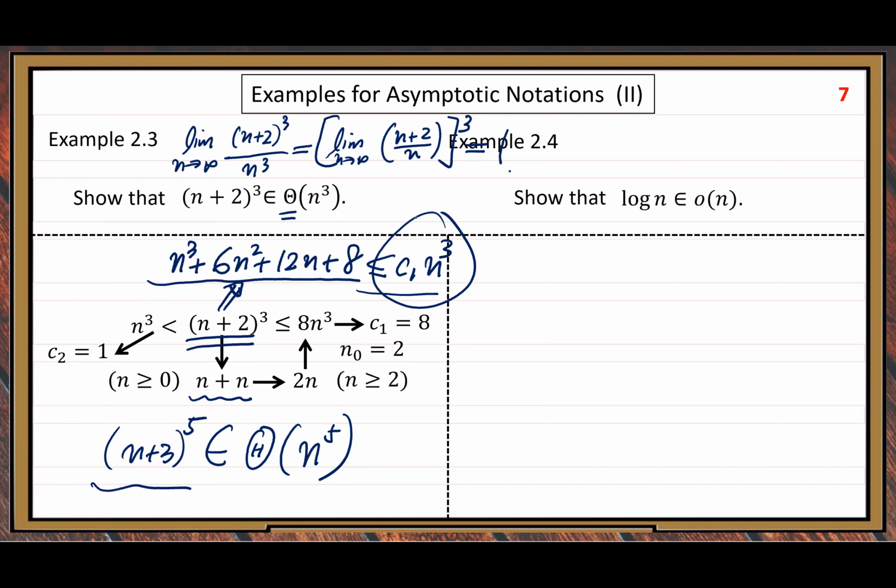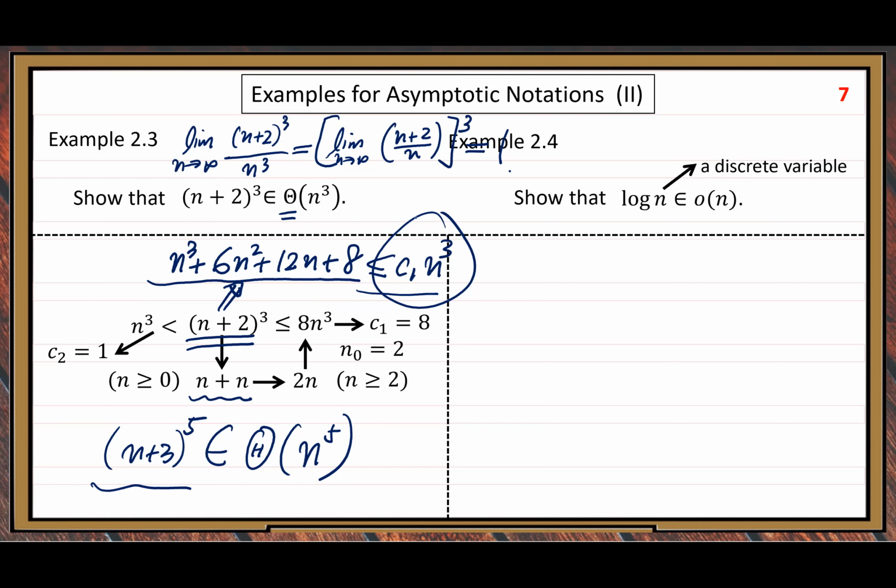So that's example 2.4. This one shows that log of n belongs to little o of n. Actually, we did a similar question before, when we learned the L'Hopital's rule example.